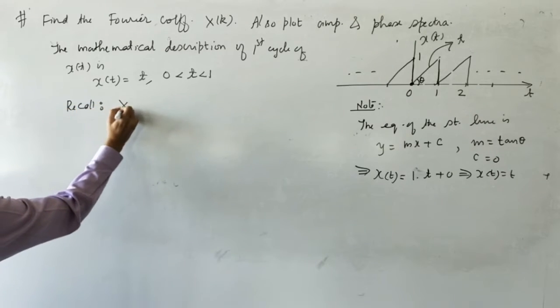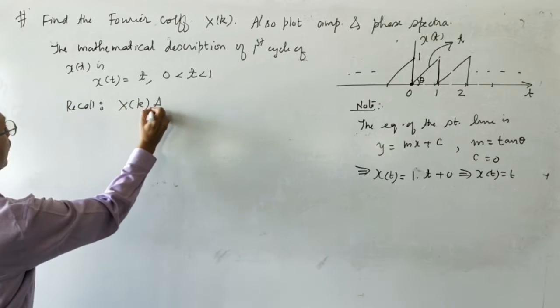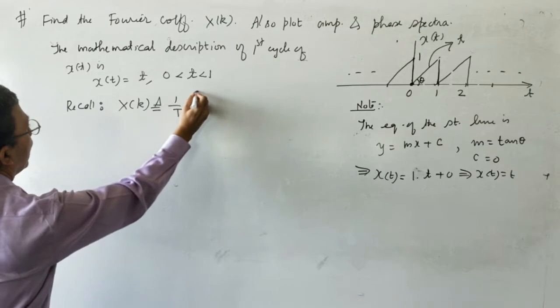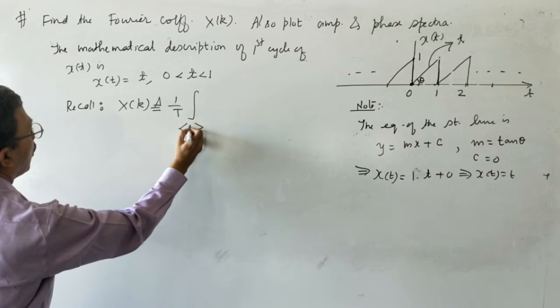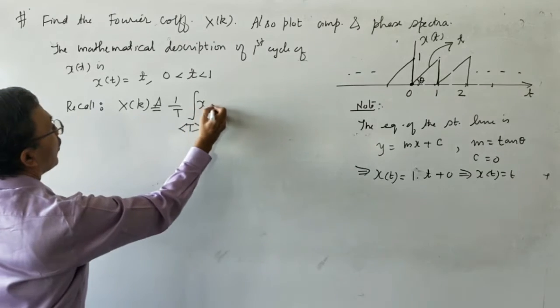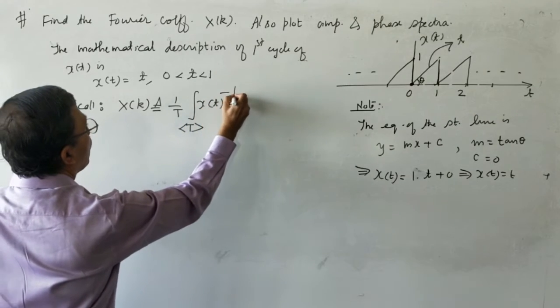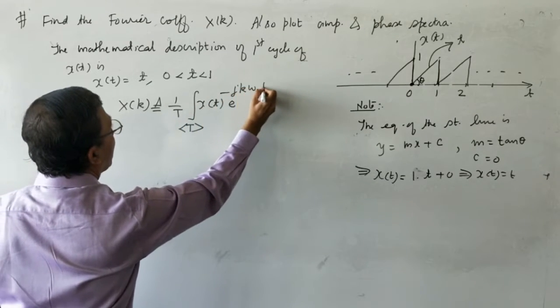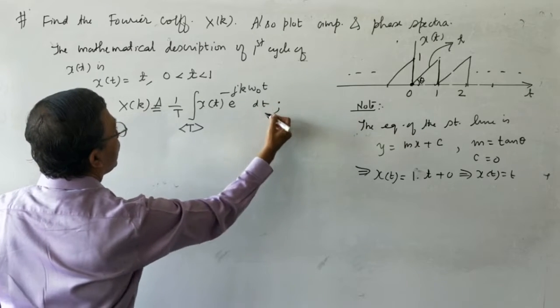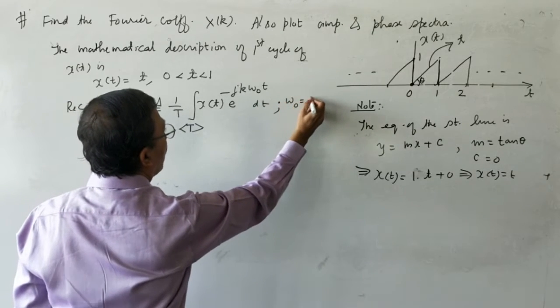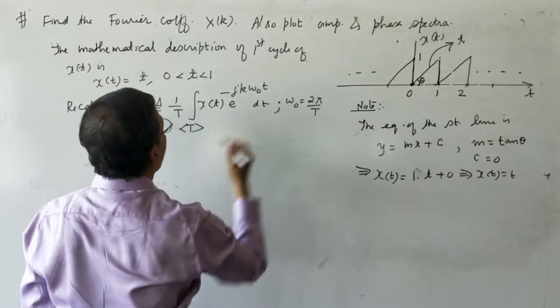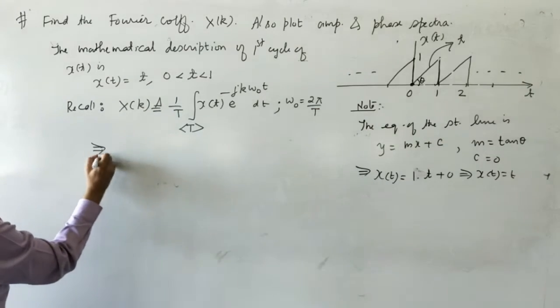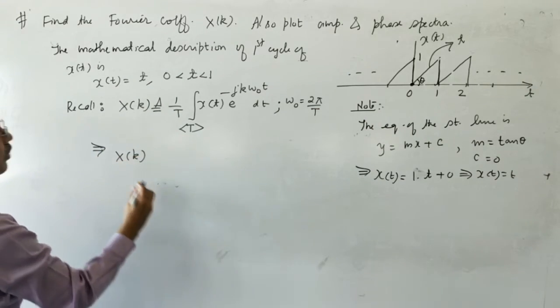Recall x of k by definition is 1 by T, integration with respect to t over 1 period, x of t into e to the power minus jk omega naught t dt, where omega naught is 2 pi by T. This implies x of k is equal to, what is T here?